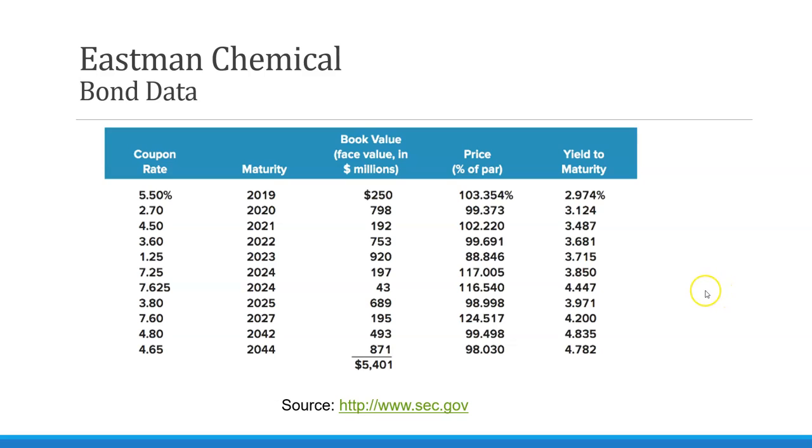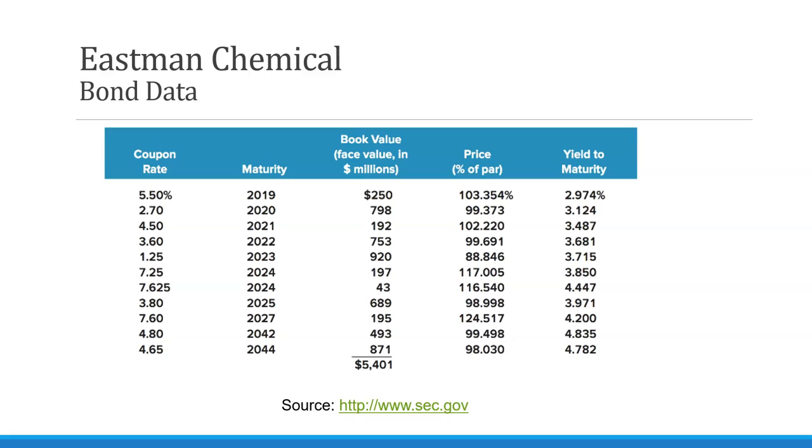Now we have information about their bond data. They have 11 long-term bond issues that account for most of its long-term debt. So we have to combine these 11 bond issues to get a weighted average. We have all of this information about the coupon rate, the yield to maturity, the book value, and the current price.